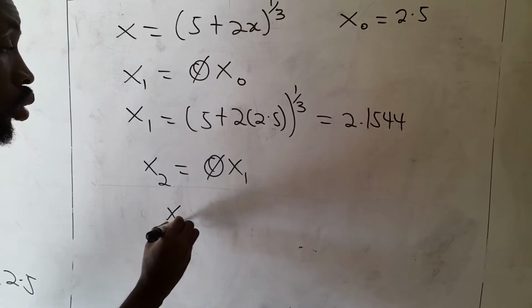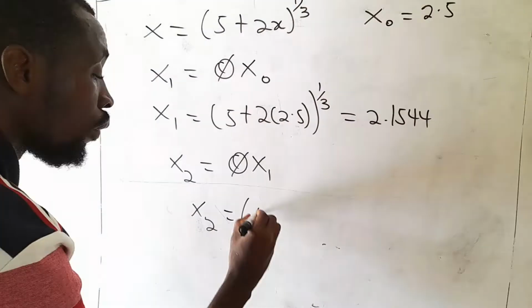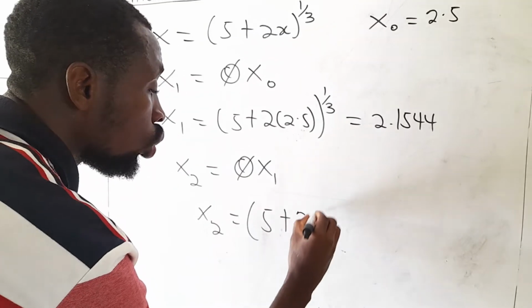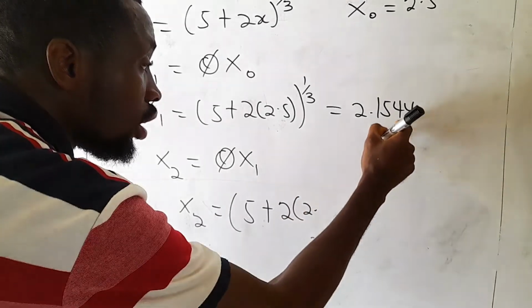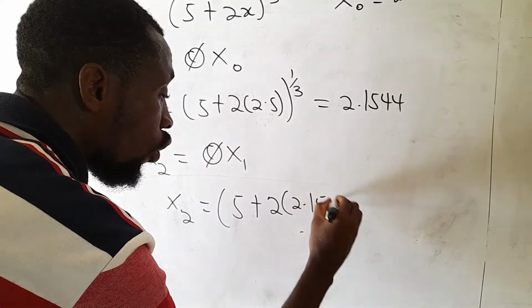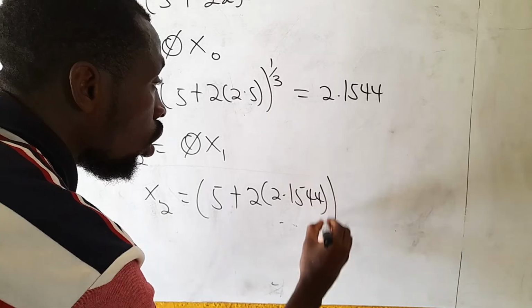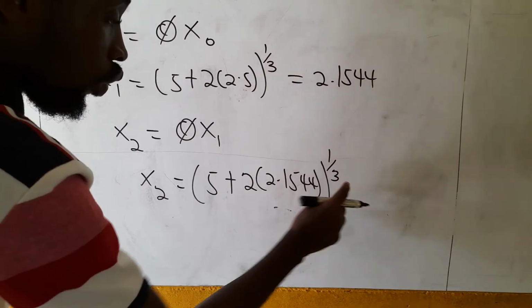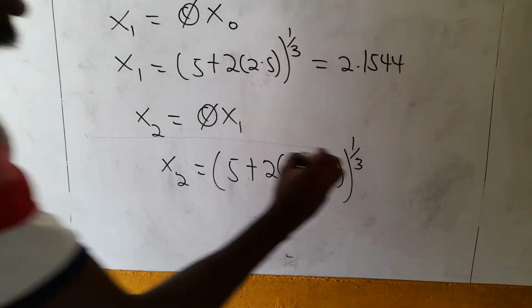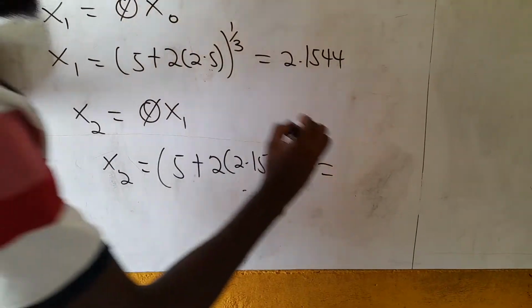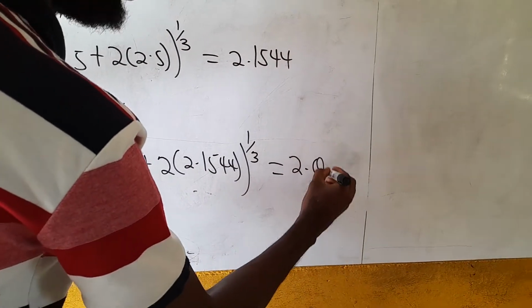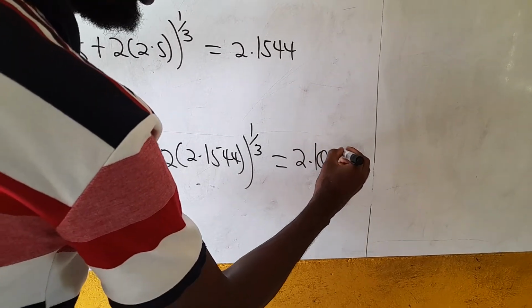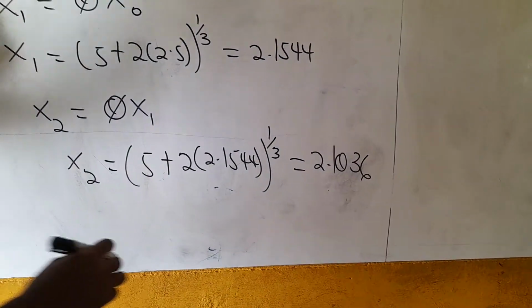So our x2 will be equal to (5 plus 2 times 2.1544) exponent 1/3. When we solve it very well, we'll get 2.1036.